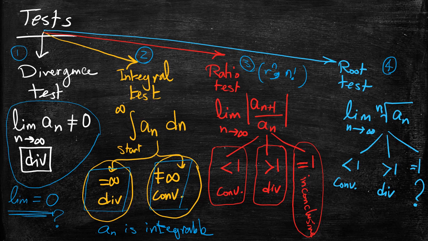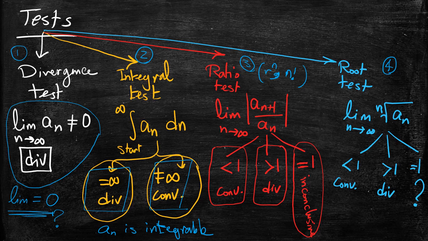What's this ratio test? It's just the limit when n approaches infinity of an plus 1, which is the term at n plus 1, divided by the nth term, which is an, taking the absolute value, just ignoring any positive or negative signs, and then taking the limit.